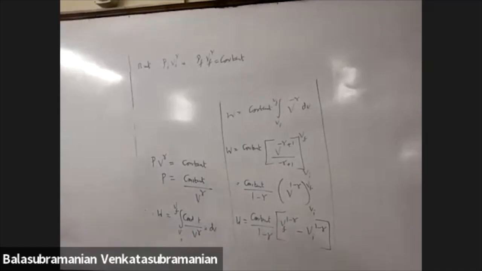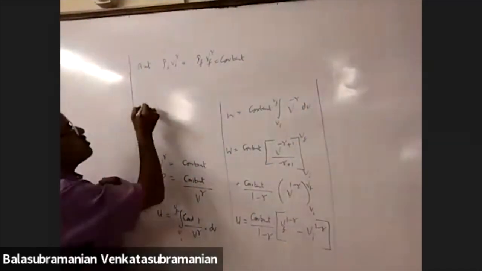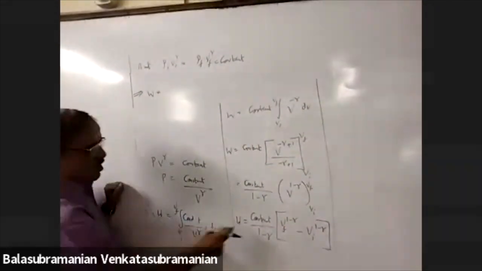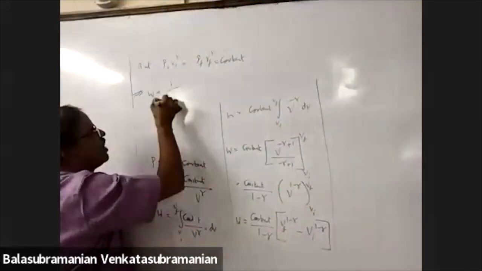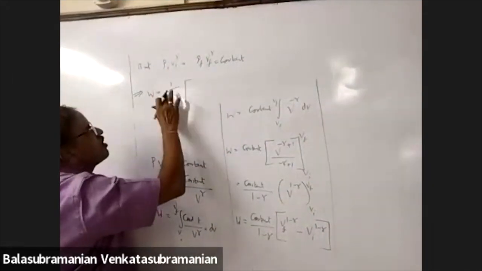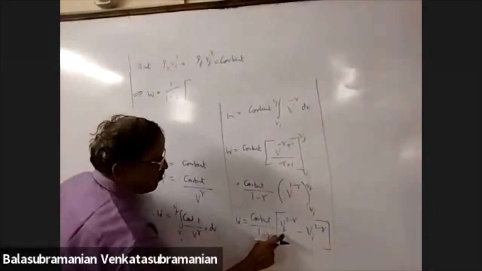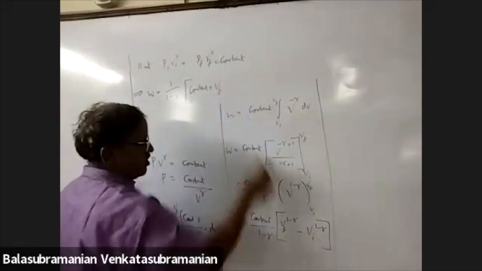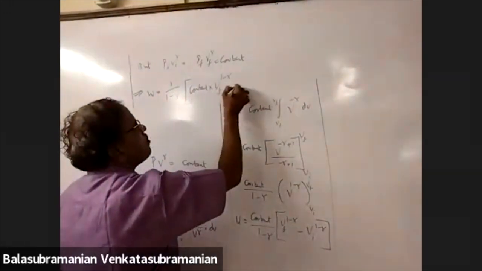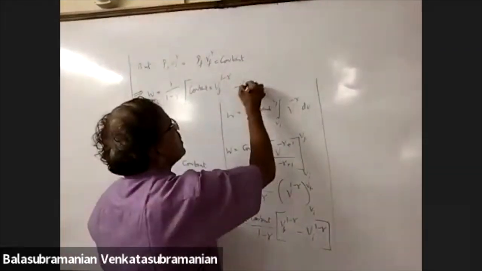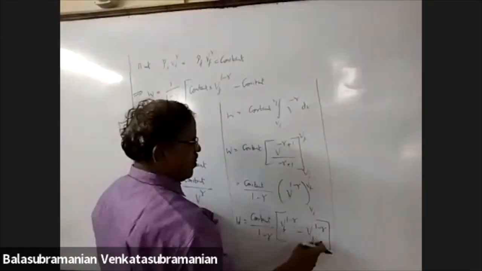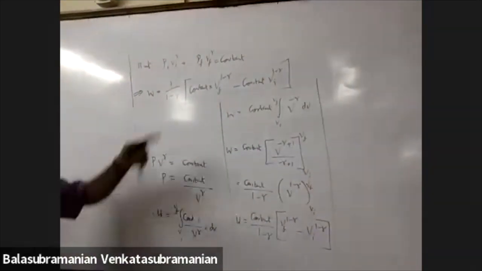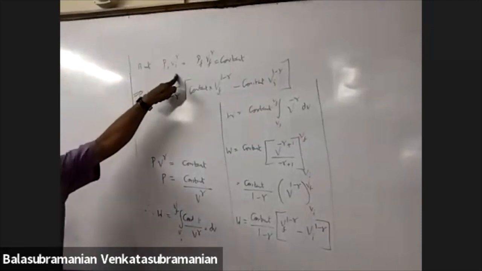So W is equal to 1 by 1 minus gamma, constant Pf Vf power gamma into Vf power 1 minus gamma, minus constant. What is that constant?